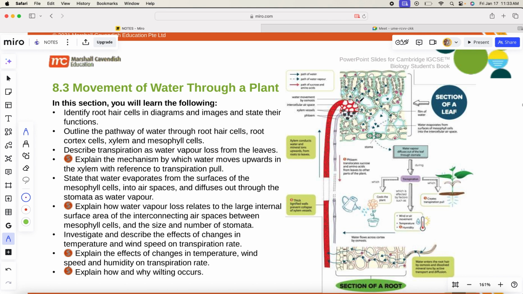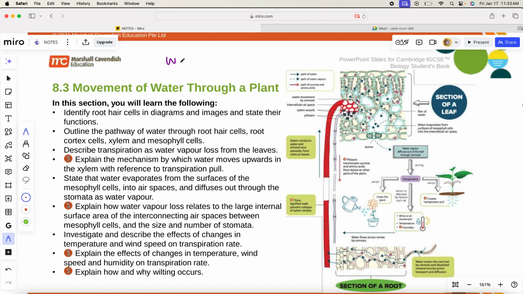Now with the water, some of it gets so heated up that it doesn't remain as water, because not all the water is used for photosynthesis. Some of the water becomes too hot and becomes water vapor, what we call steam. But in biology, we stick with the word water vapor.